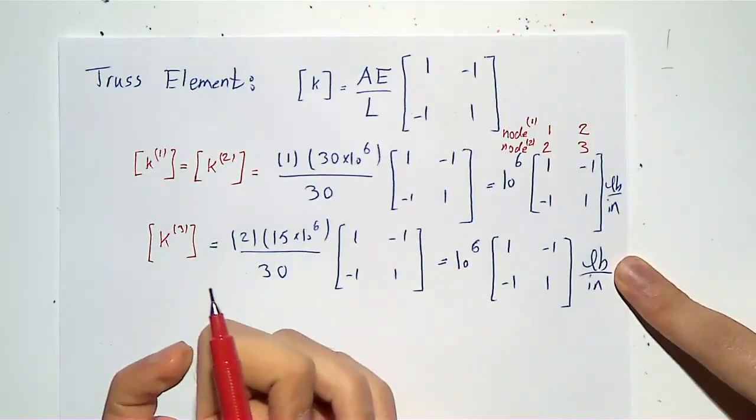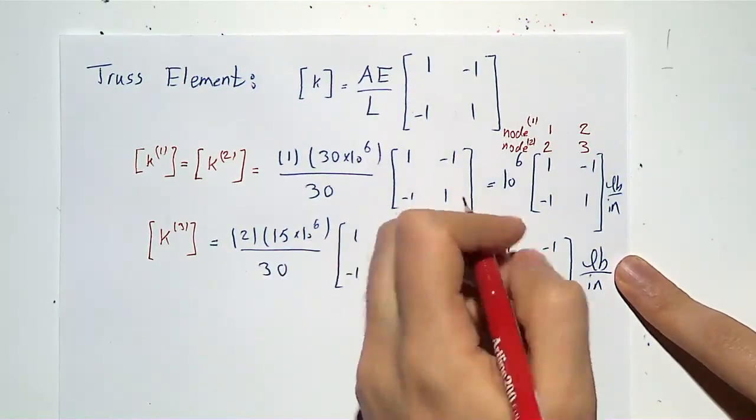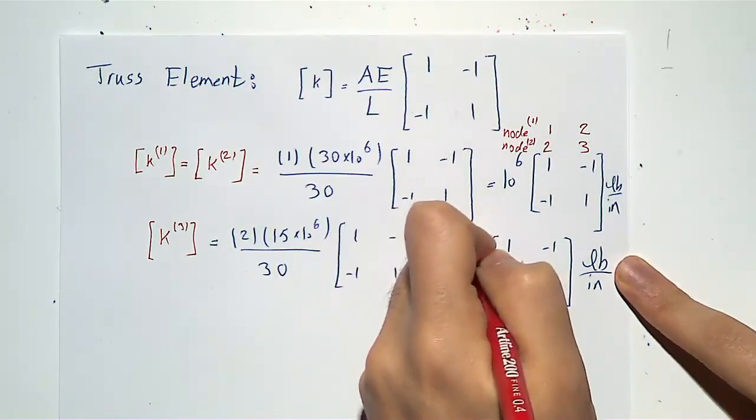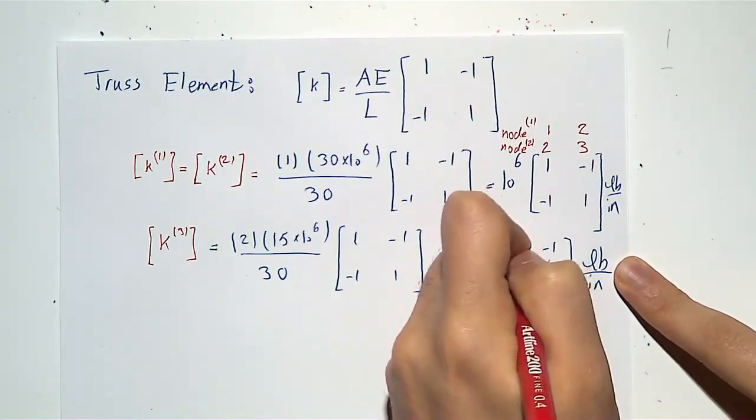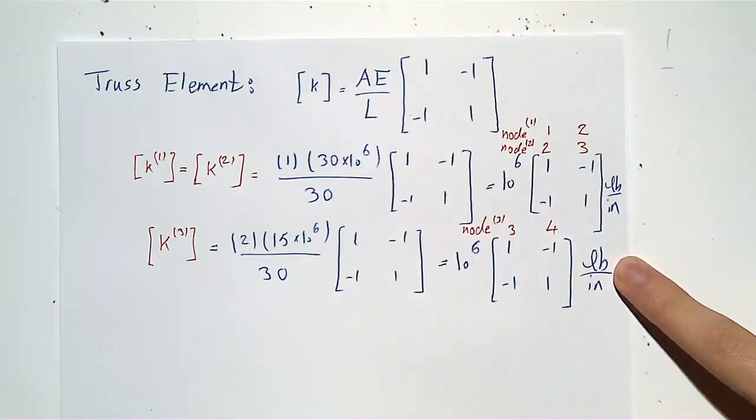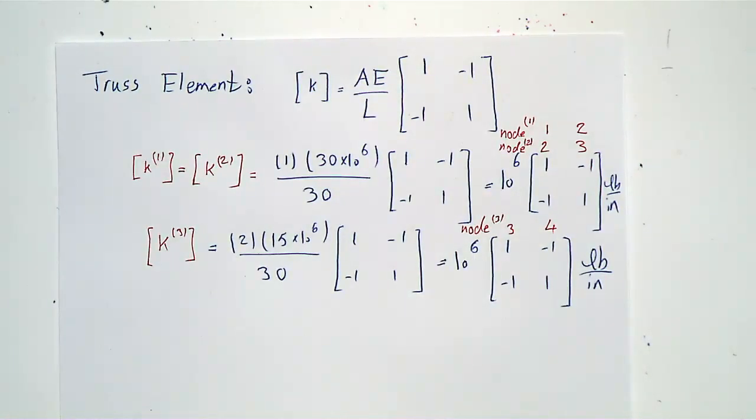And for the third element, they are 3 and 4. The reason that I wrote these node numbers for each column of the little k matrix is to make it easier for calculating the global k matrix.